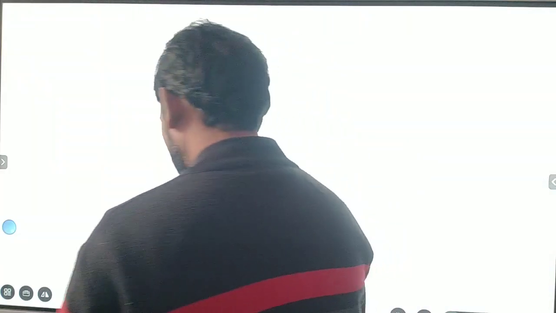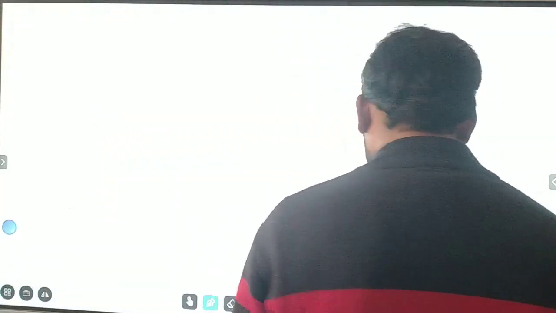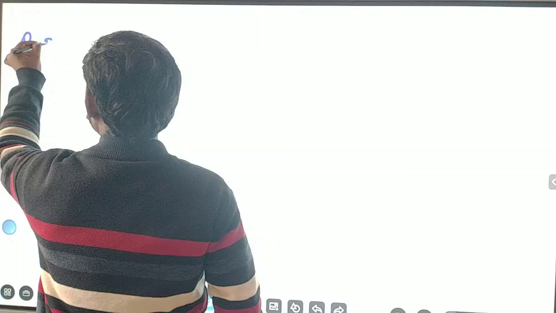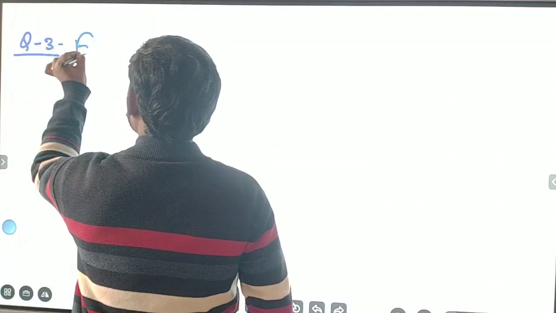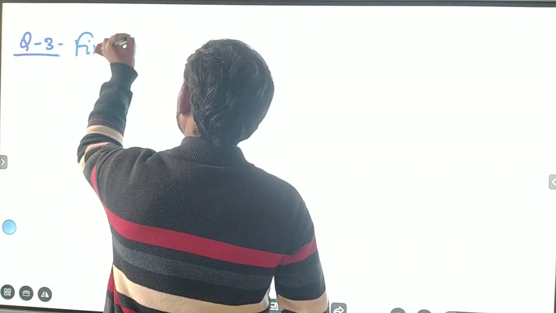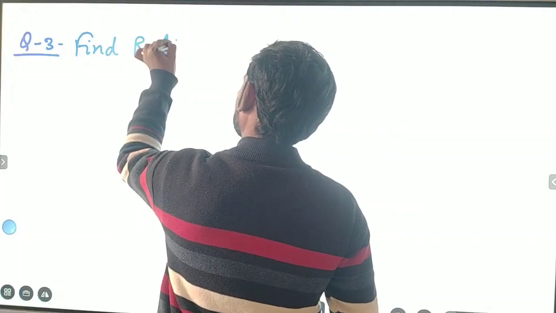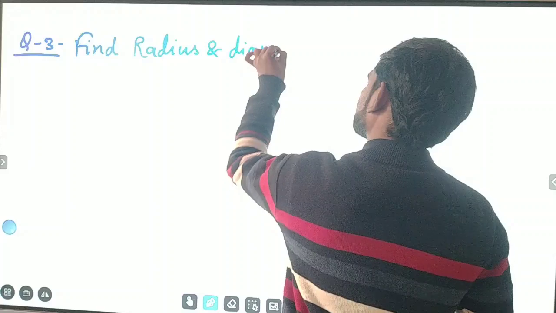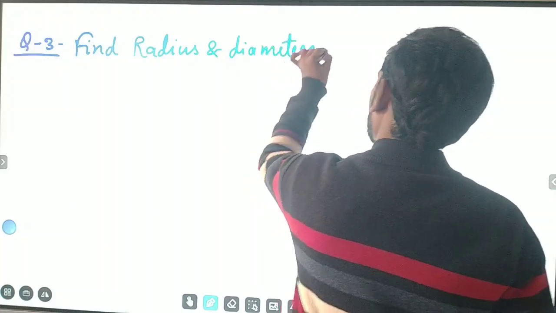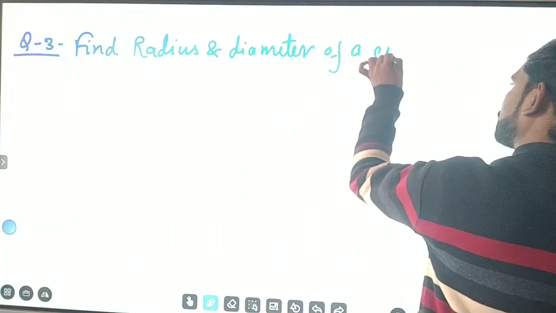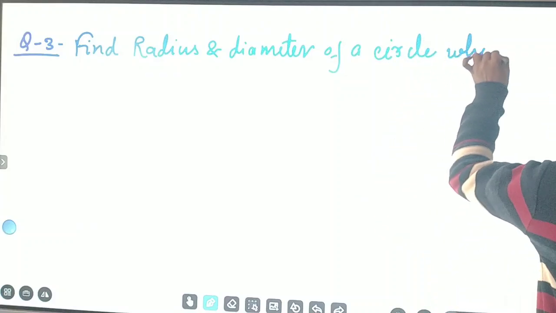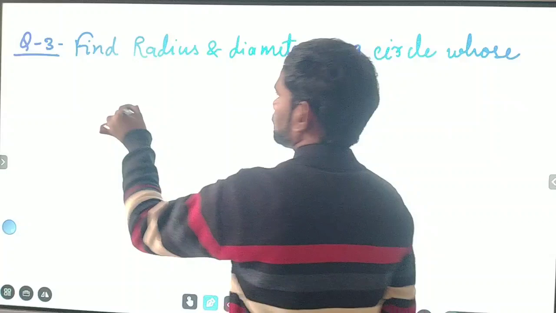The next question is: find the radius and diameter of a circle whose circumference is 92.4 centimeters.